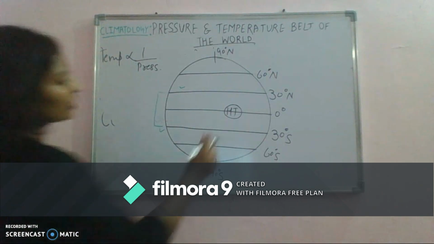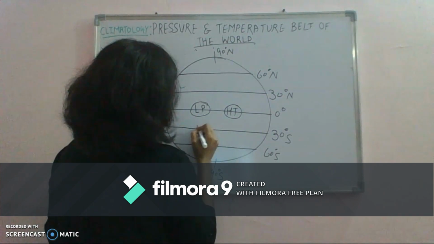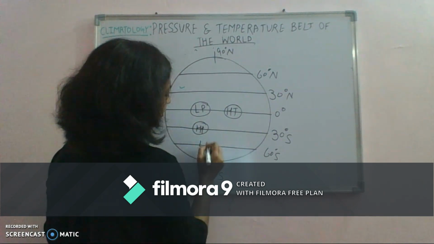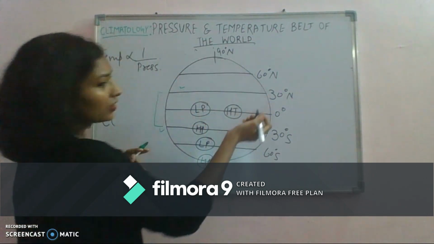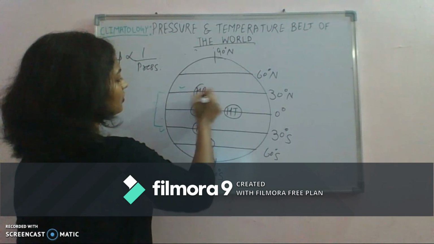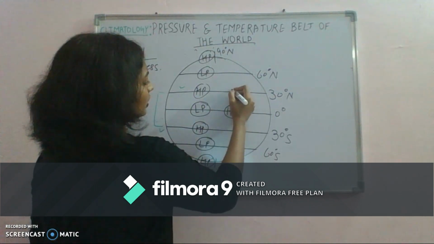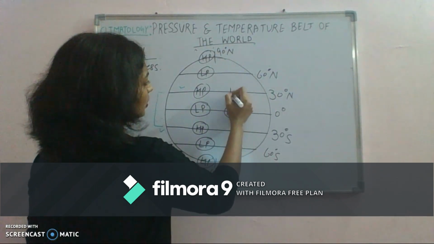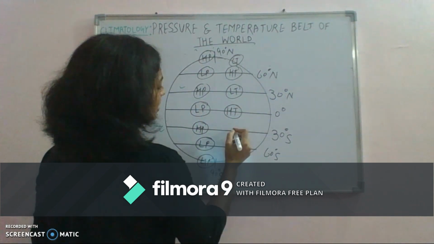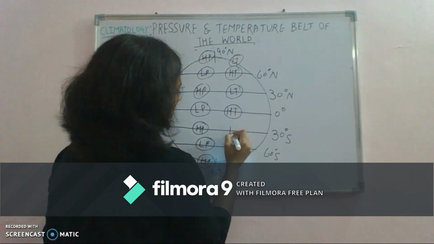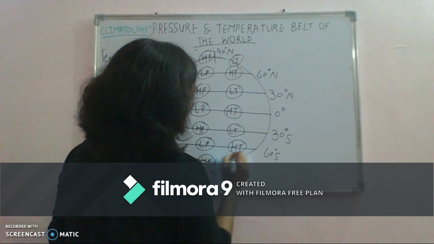What does this mean? When the temperature is high, the pressure will be low. Here it will be high pressure, here low pressure, here high pressure. Similarly in the northern hemisphere: high pressure, low pressure, high pressure. Here it is low temperature, high temperature, low temperature. And similarly in the southern hemisphere: low temperature, high temperature and low temperature.